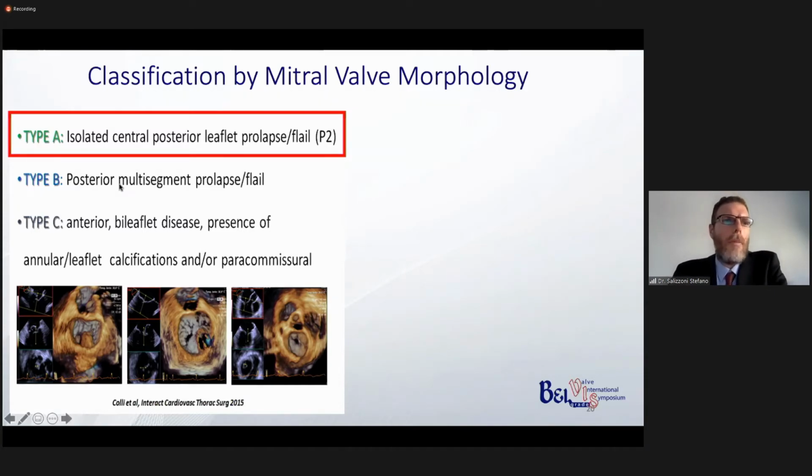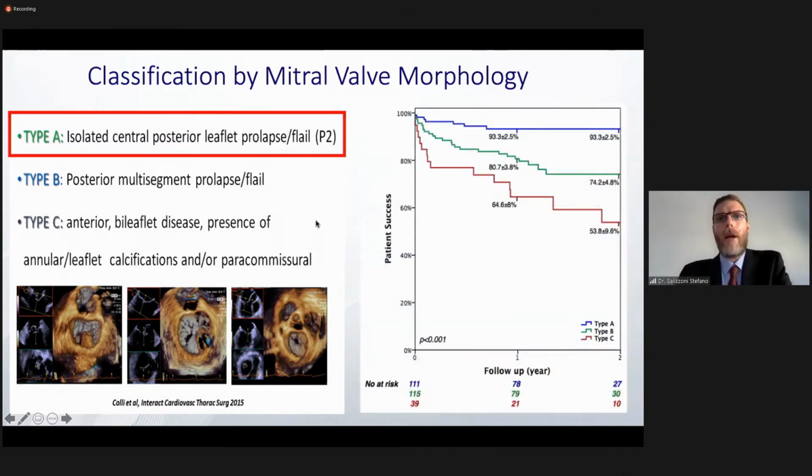When we start operating posterior multi-segment, so also P3 and P2 are involved, we still have nice results, but not as good as type A. When we operate all the other kinds of patients, so patients with anterior leaflet prolapse, commissural prolapse, or calcification, classified as type C patients, we don't have very good results.